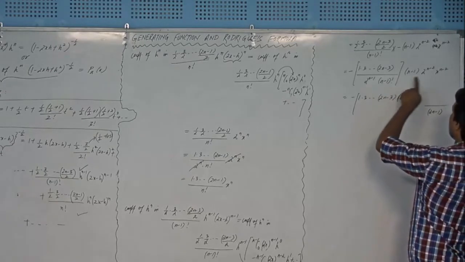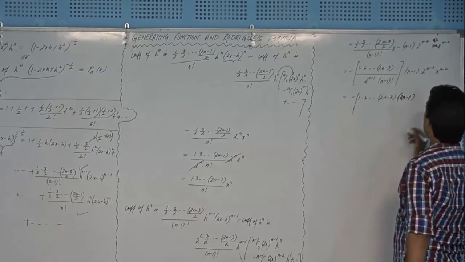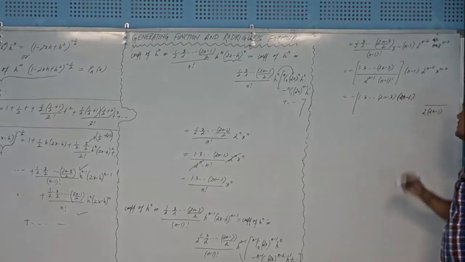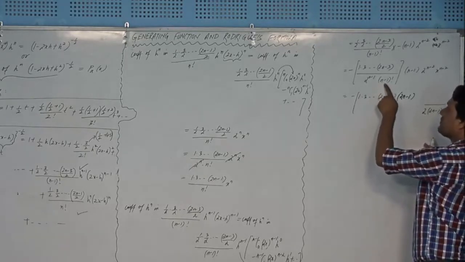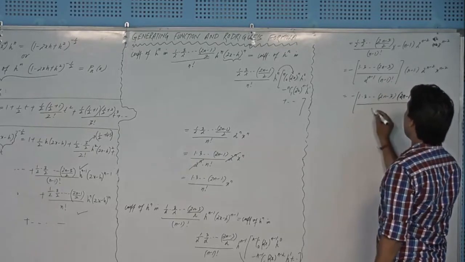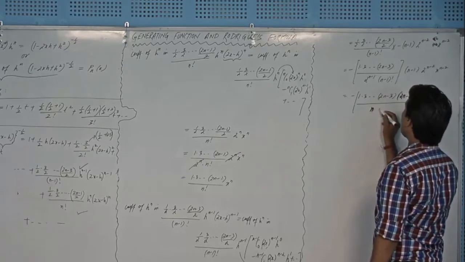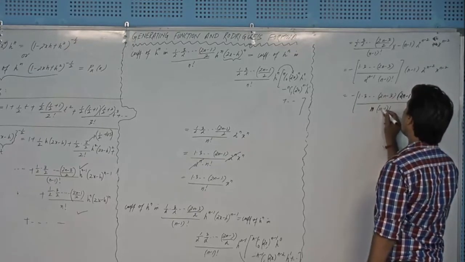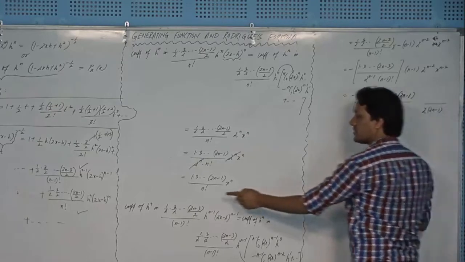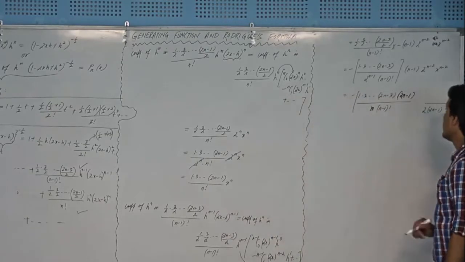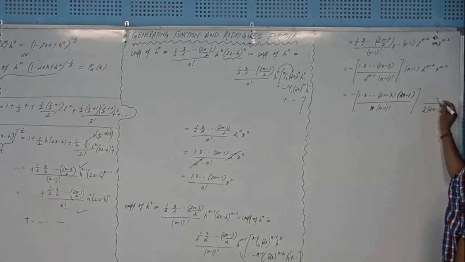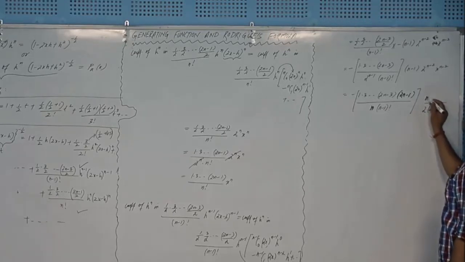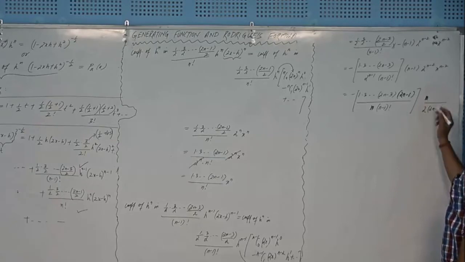And this 2n minus 1, this is 2n minus 2. I think 1, 2 will be left here, so I will write that 2 here. On cancellation of these two, I will be left with 1 by 2. I have written that here, and here I have n minus 1 factorial. But what I will do is multiply it with a bold n, so that it will become n factorial. I want to achieve this coefficient in each and every term. So writing this n here will force me to write one n here also, in order to balance it.